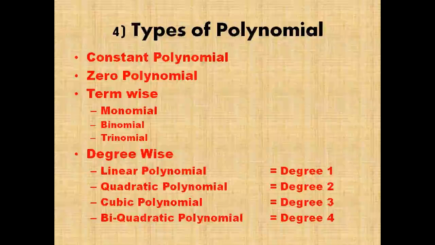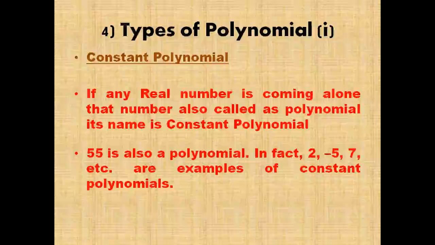What is a constant polynomial? Any real number that comes alone: 5, 55, 7, 67. That can also be called a polynomial. How, sir? Only 7 will come where the variable is not there. How can I say this is a polynomial? Yes, 7 we can write as 7 into x power 0, because any number to the power 0 is 1, so 7 into 1 is 7 only.